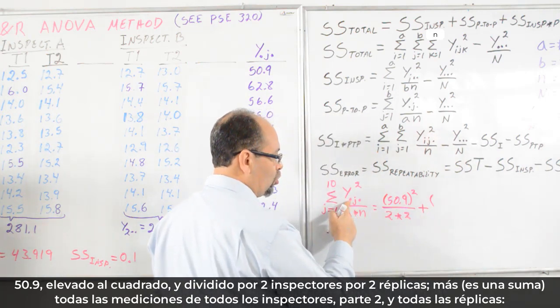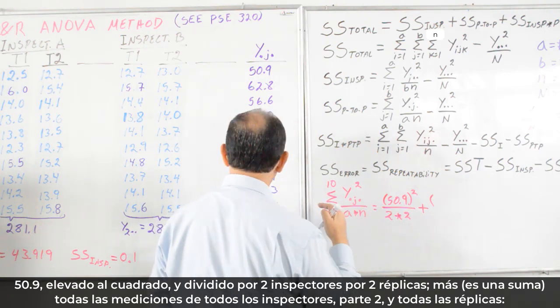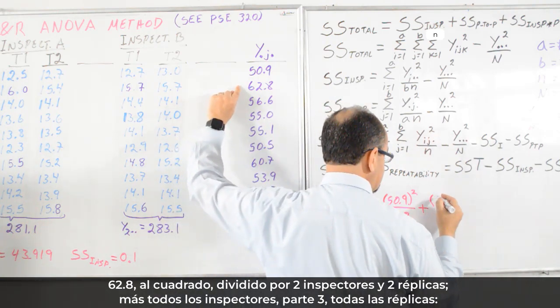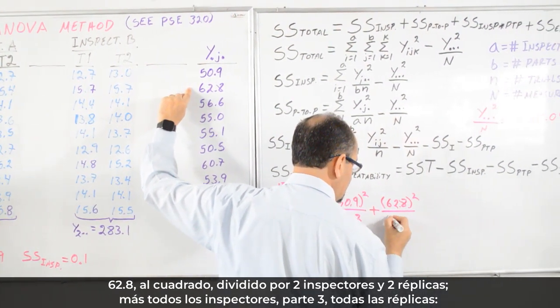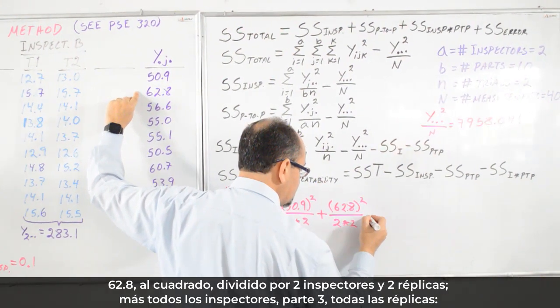all the measurements for all inspectors, part 2, all the trials. And that will be 62.8 squared divided by 2 inspectors, 2 trials.